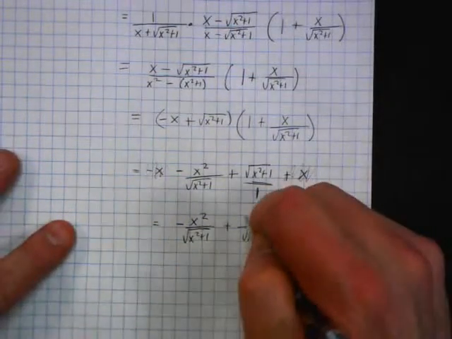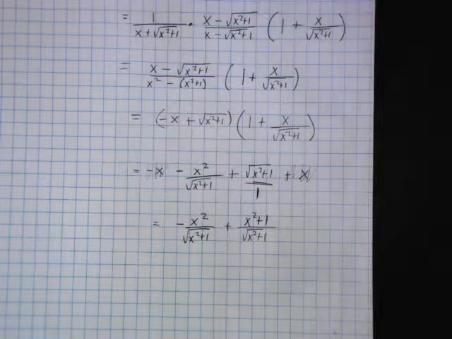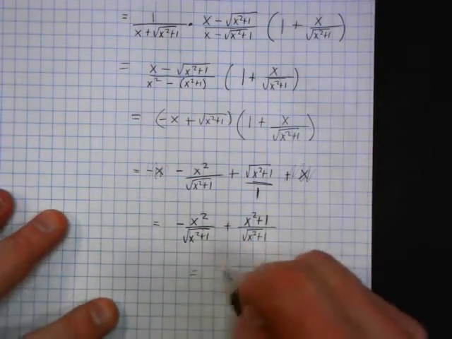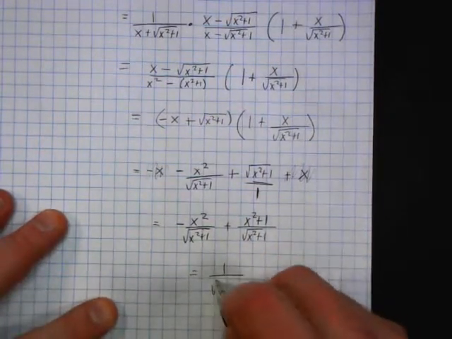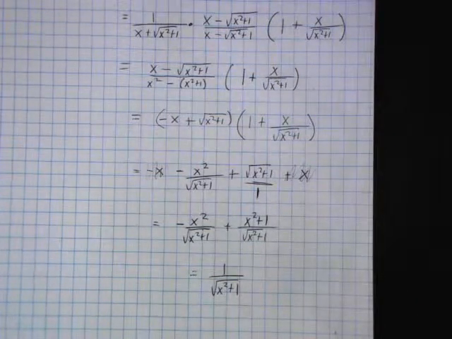I get x squared plus 1. Finally, when I add my fractions together, what do I end up with? 1 over square root of x squared plus 1. So that ugly looking derivative from the beginning did simplify down to be something not too ugly. Not too bad.